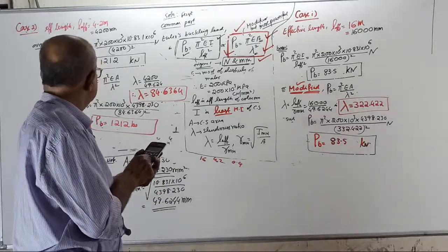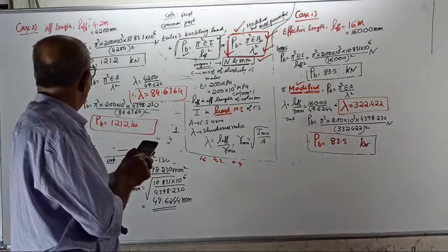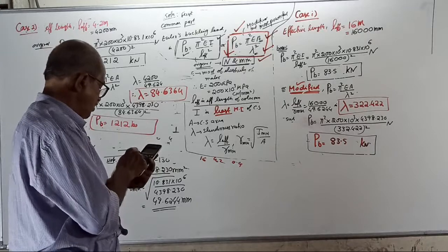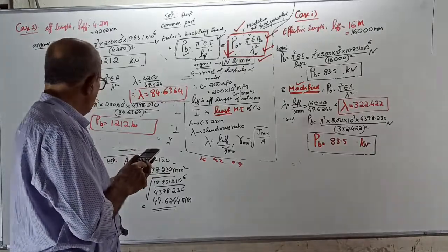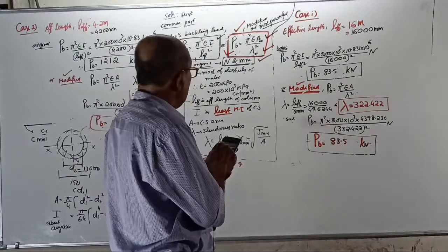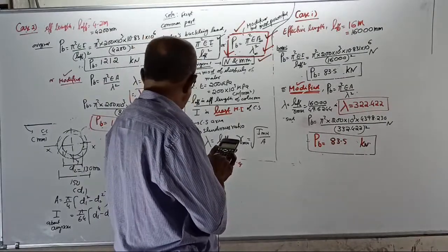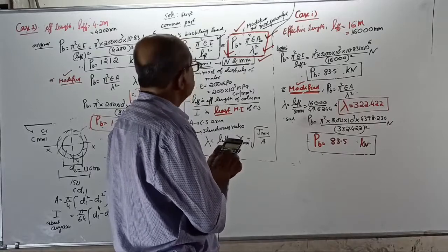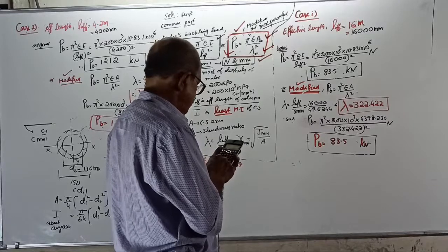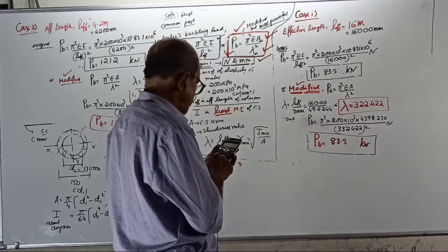10.831 10 to the power 6 divided by area, 4398.23, equals, root, answer 49.6244. Pi square into 210 to the power 3 into 10.831 10 to the power 6 divided by 16,000 is 83.5 kilonewton.